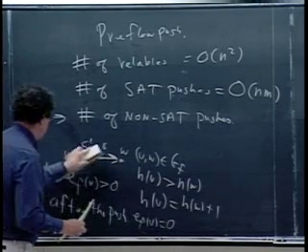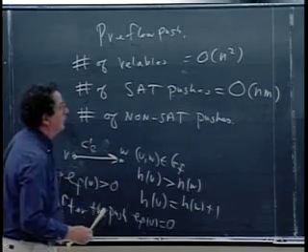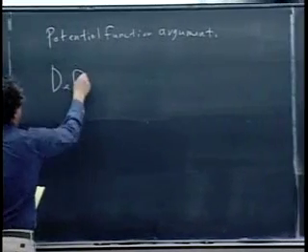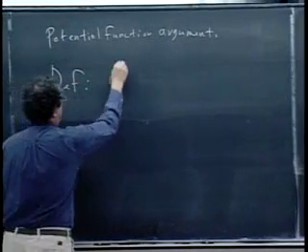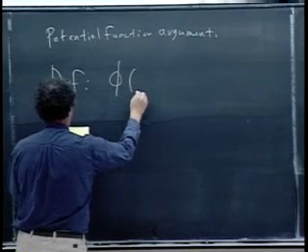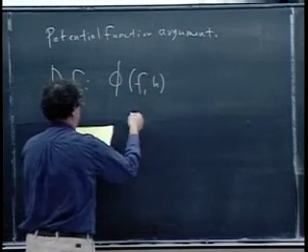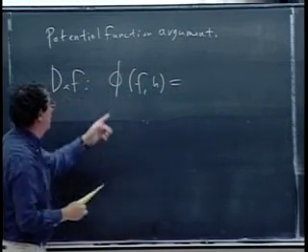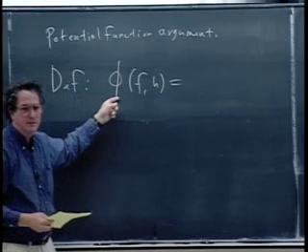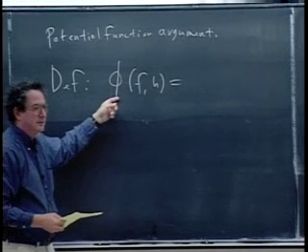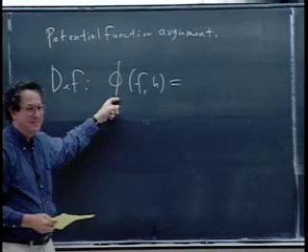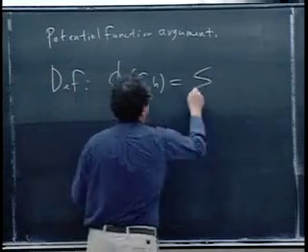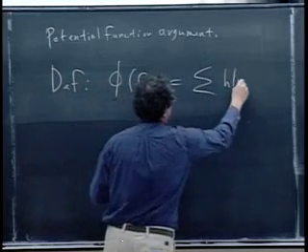Okay, so let me erase that. All right, so potential function just means we're going to be indirectly counting something, and this is what we're going to count. This function, phi, is the summation of h(v).